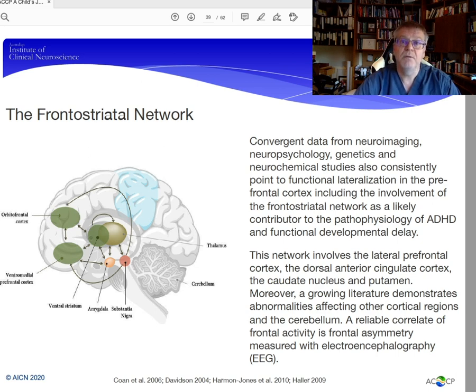So now we start to understand the connection between the formation and development of these distributed systems and the timeline of observational maturation that we see.